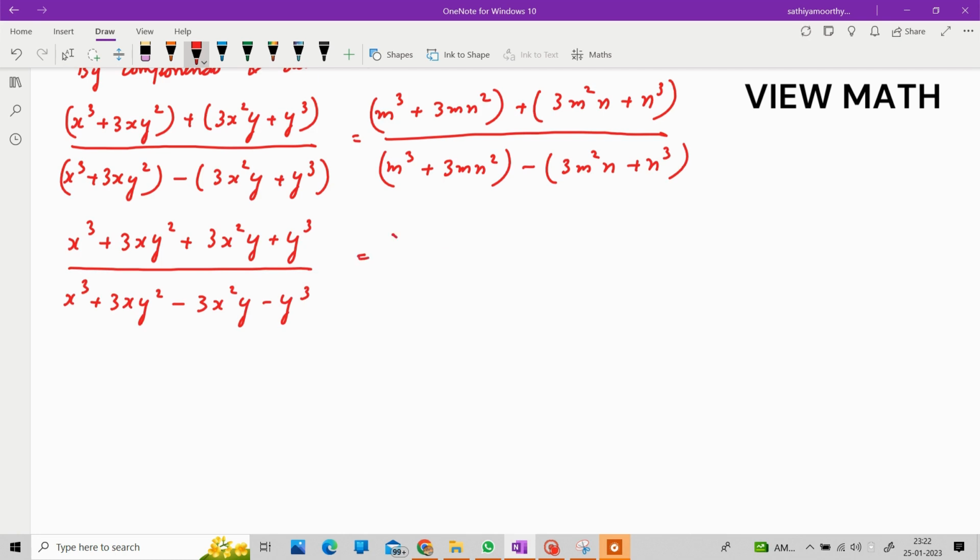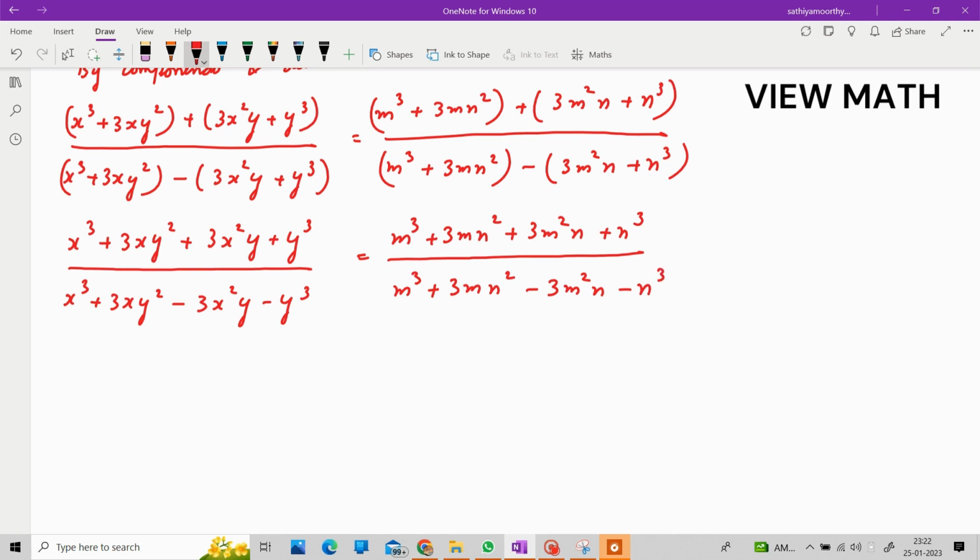This is equal to m cube plus 3mn square plus 3m square n plus n cube divided by m cube plus 3mn square minus 3m square n minus n cube.